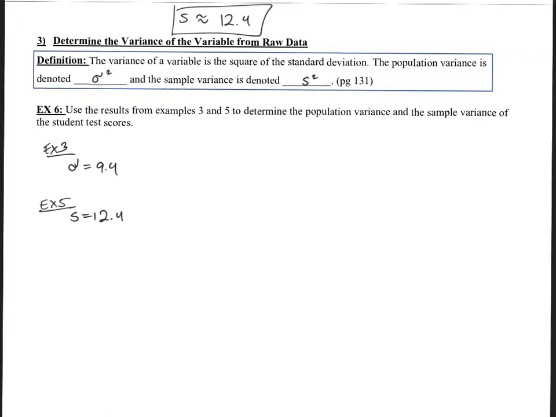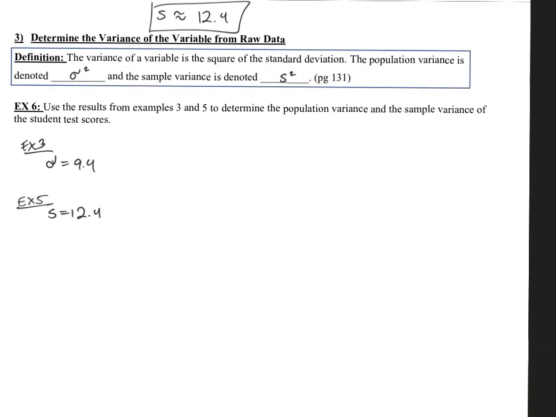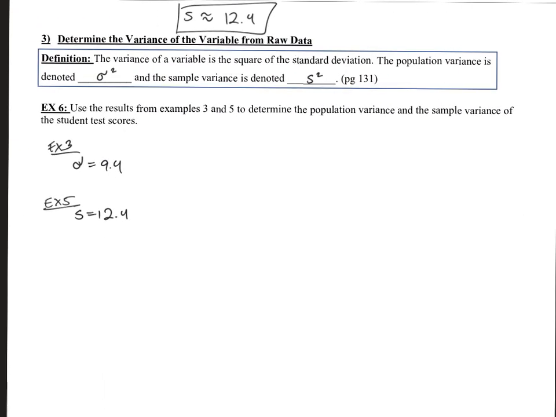Now we want to find the variance. So the variance is to just take these values and square them. So sigma squared is going to be 9.4 squared. And then s squared is going to be 12.4 squared.